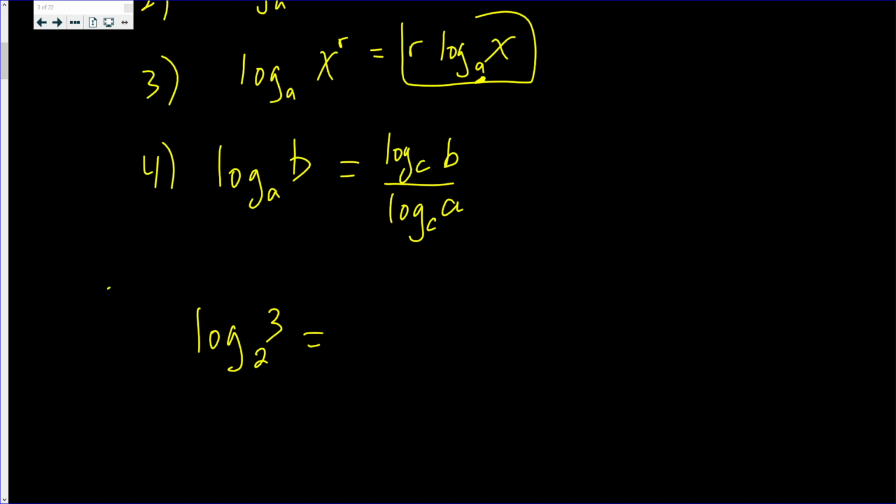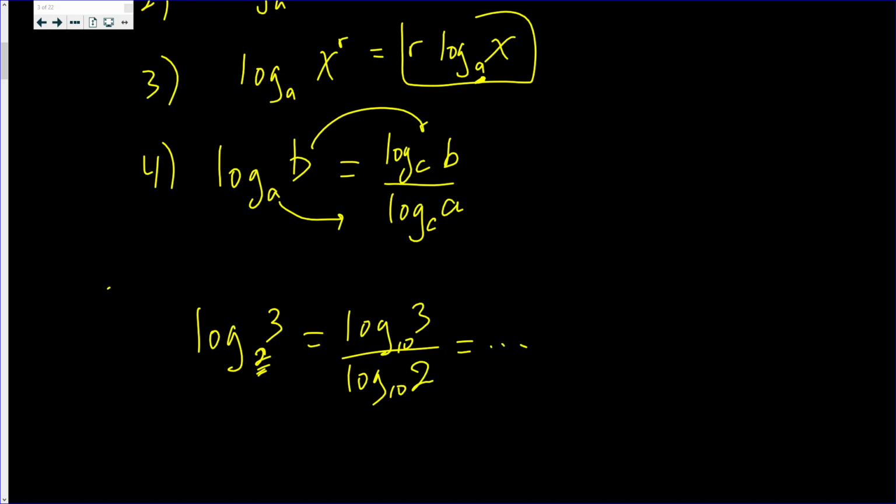And my calculator doesn't have a log base 2, but it does have log, so I can take log base 10, so c is 10, log base 10, and the b goes on top, which is 3, and the base goes on the bottom, which is 2. Now I can use my calculator to figure this out.